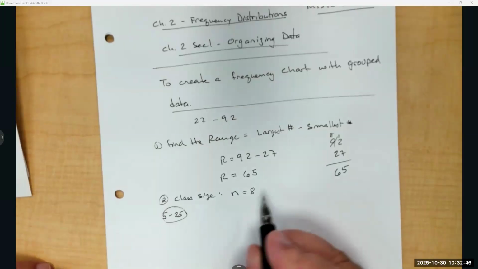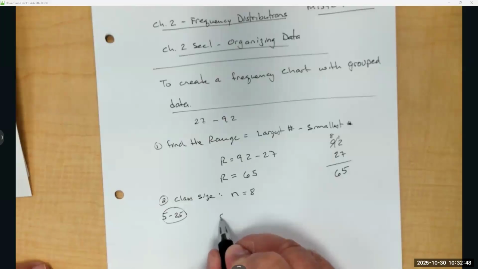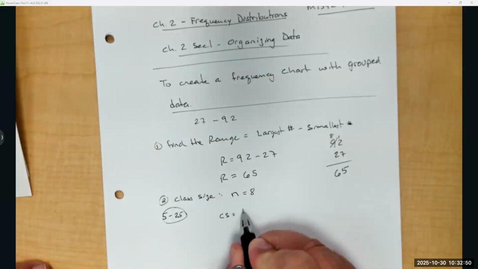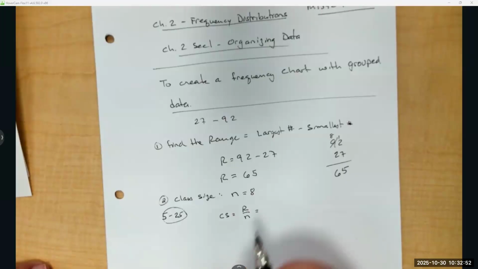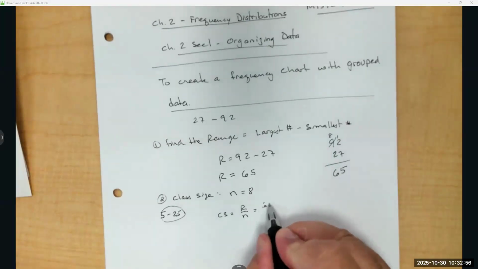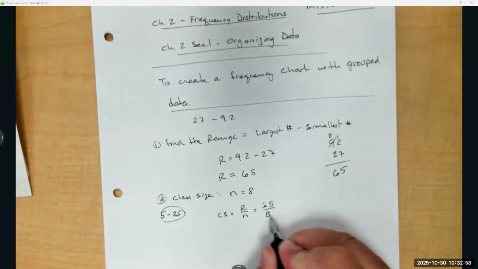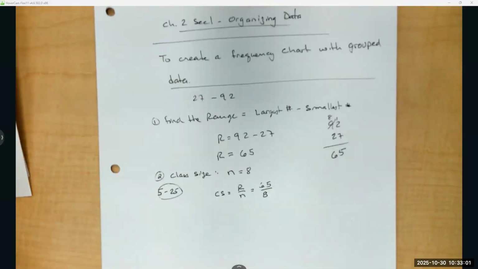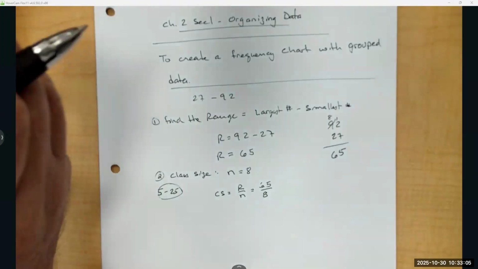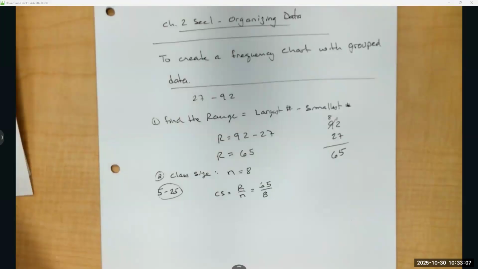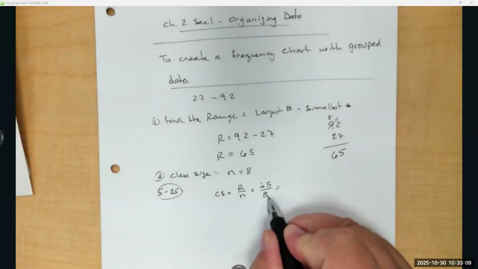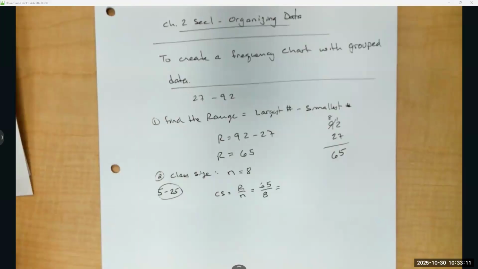What is the class size? It is the range over how many we have. So 65 divided by 8 is what? 8 times 8 is 64.